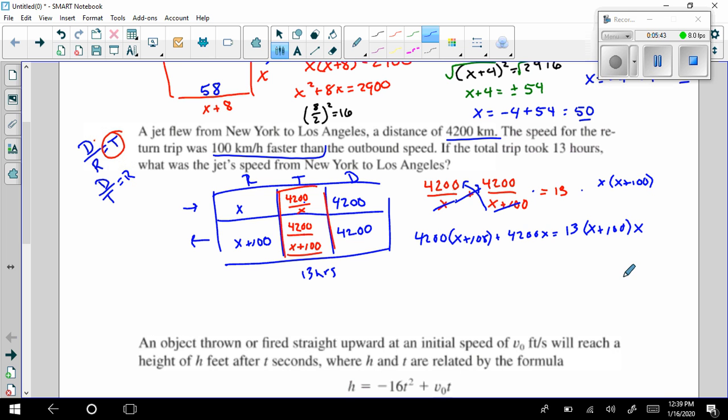So we get 4,200x plus 4,200,000 plus 4,200x equals 13x squared plus 1,300x.